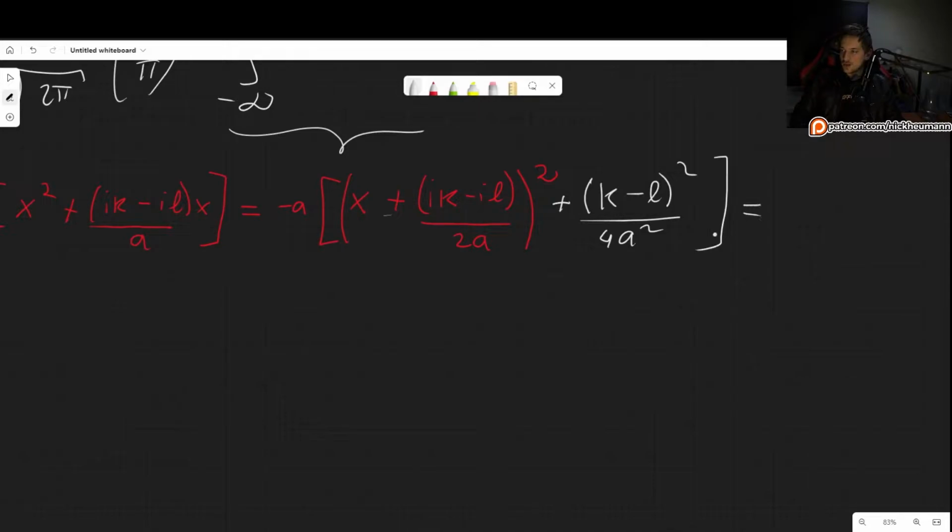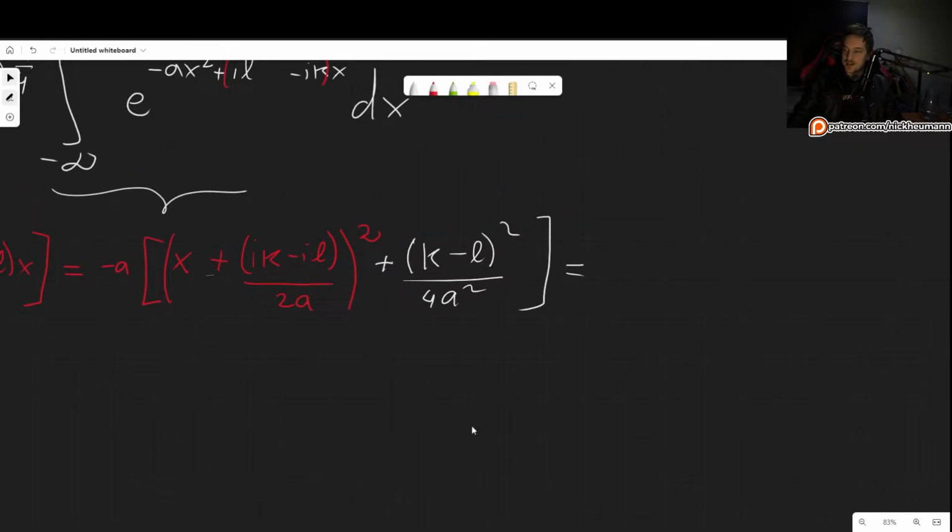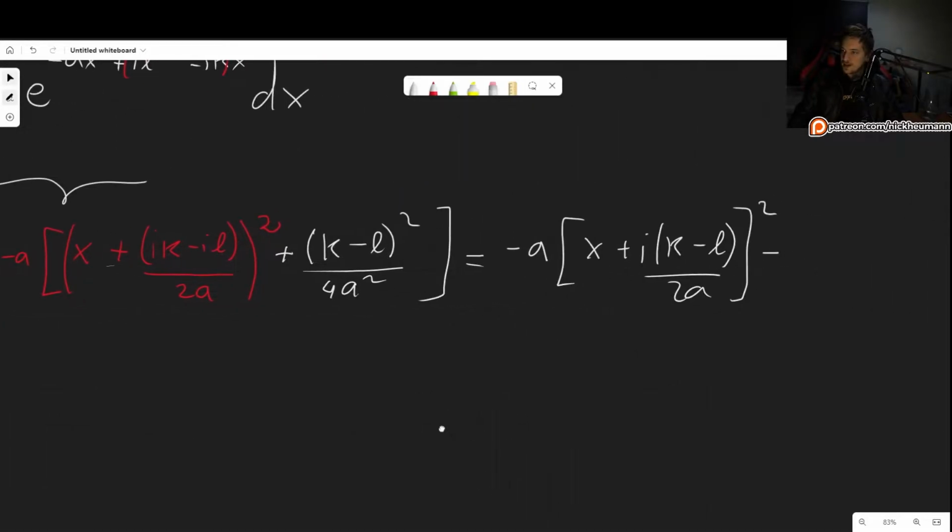And now we multiply through by minus a, basically to isolate this. Why? Because this thing right here has no x. So because it has no x, we are going to be able to take it out of the integral. I'll show you that in a moment. So we have minus a times x plus, I'm going to factor out the i now, I guess, k minus l over 2a, squared, and then we get minus the other term multiplied by a, so we get k minus l squared over 4a.